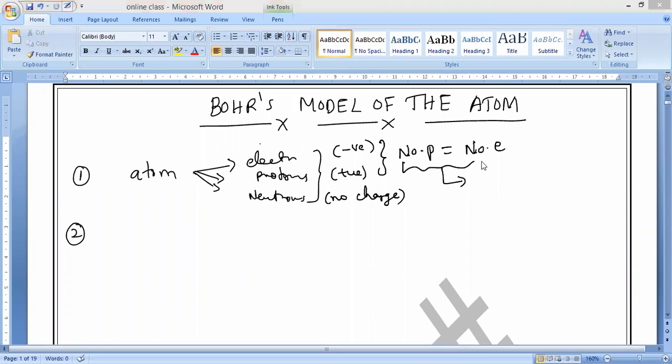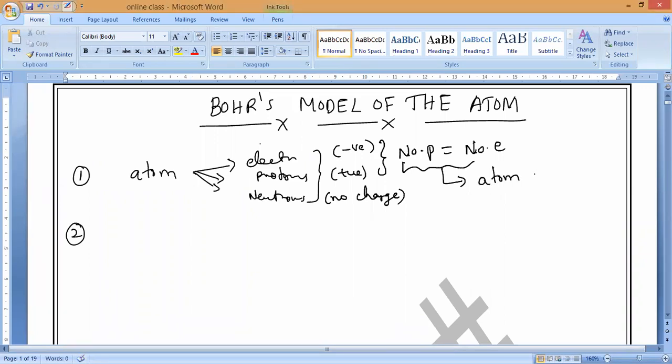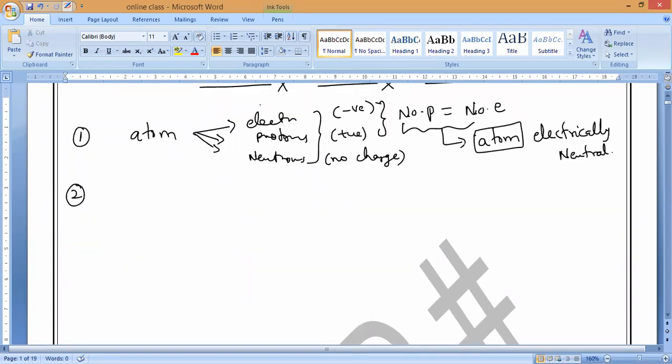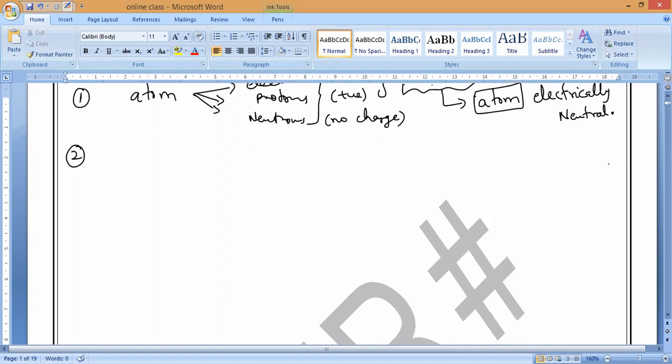Atom is electrically neutral because it has an equal number of protons and electrons. Every atom has equal numbers of protons and electrons, so it is electrically neutral. That is what you have to remember.